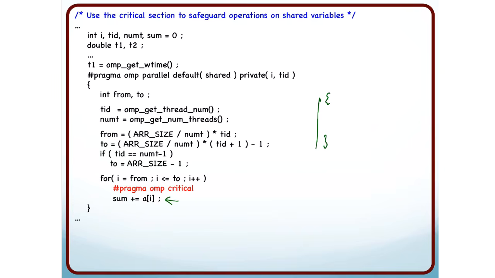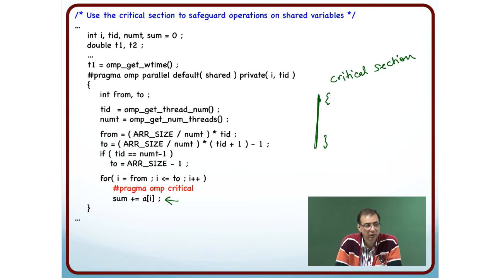What #pragma omp critical does is that it ensures that this particular region, called a critical section, is only executed by one thread at a time. Two threads cannot be executing instructions inside this region at the same point in time. So it ensures that this entire region is atomic, that no other thread can be executing these instructions while one thread is executing these instructions.